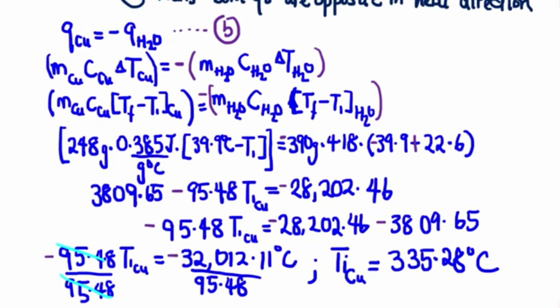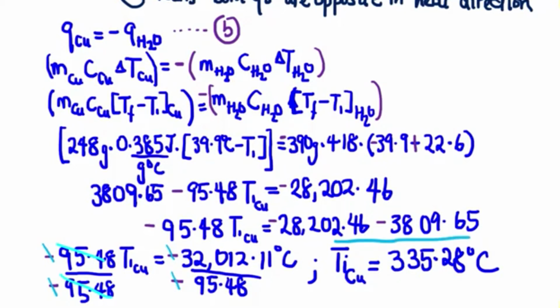If we divide both sides by negative 95.48, we get our final answer of 335.28 degrees Celsius for the initial temperature.